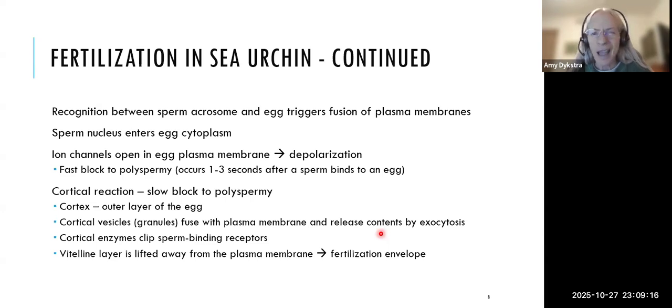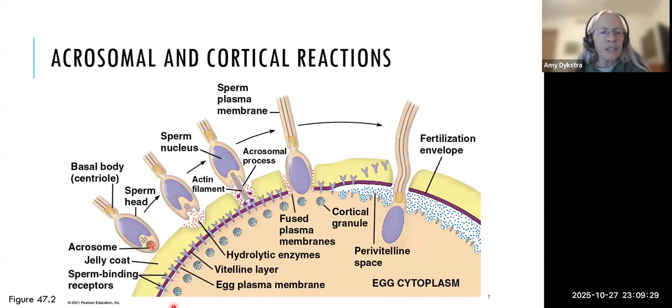So a cortex is just an anatomical word that means outer layer. So there are some vesicles in the outer layer of the egg, and we will go back again to this slide, and you can see these vesicles in this cortical area, the outer area or the cortex of the egg. And so these vesicles are called cortical granules.